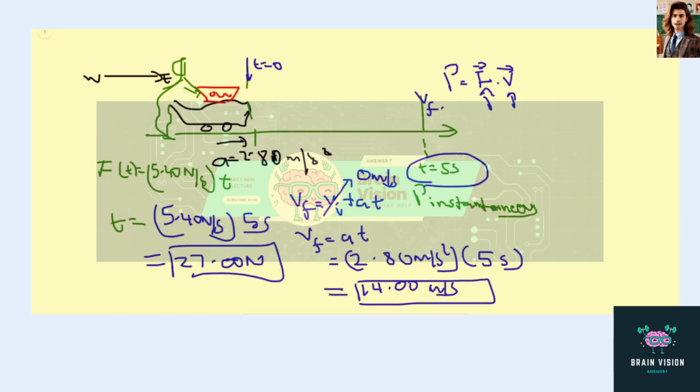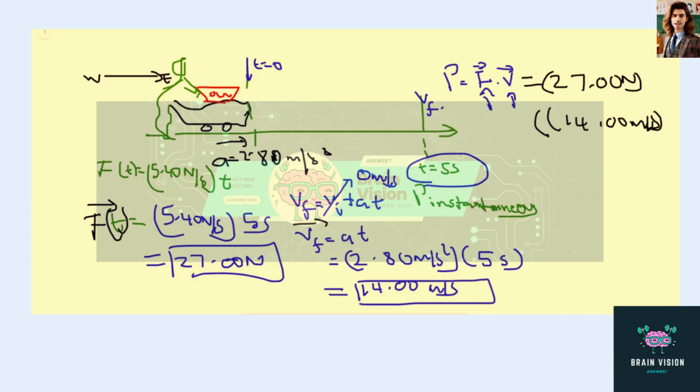Once we have the vector velocity and the vector force, we can combine those two in this equation, so 27 newtons times 14 meters per second. And because this is a dot product, there was going to be a cosine theta at the end, but theta is 0 degrees, and that's going to give us 1.